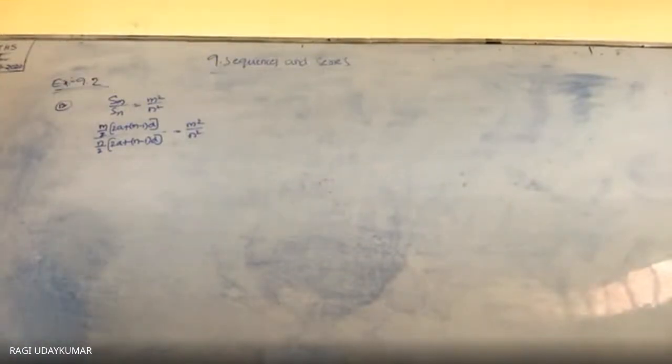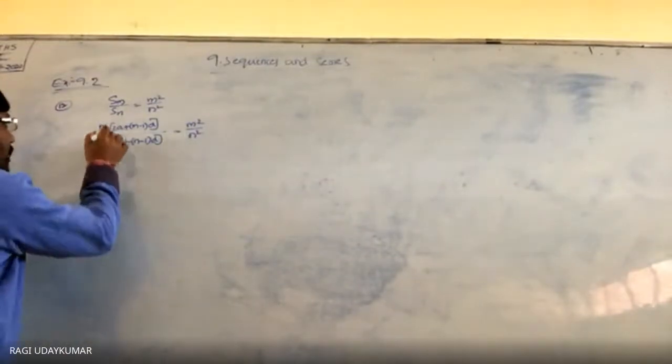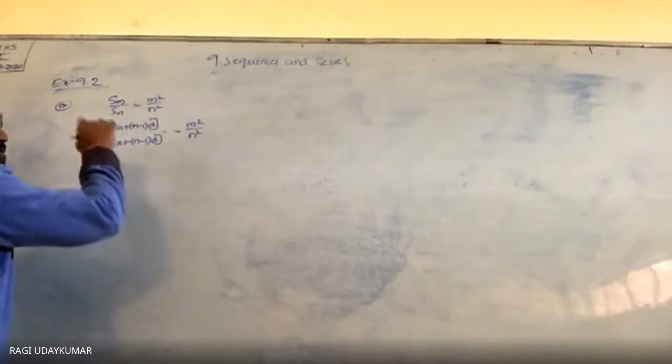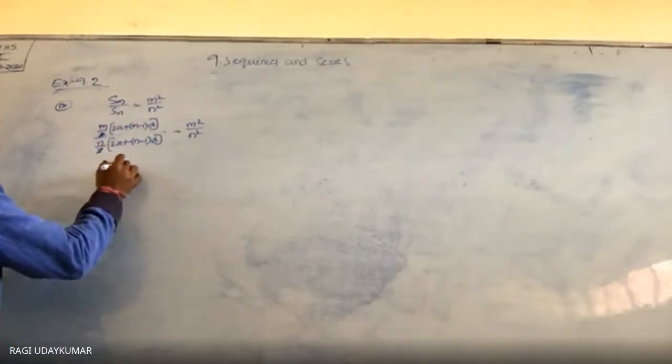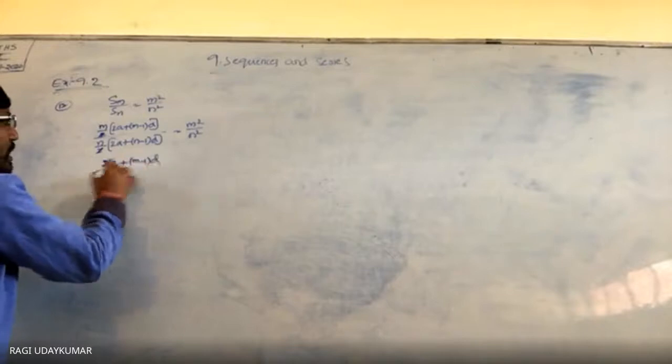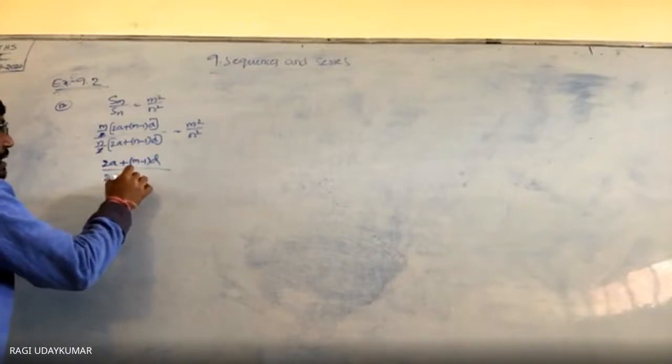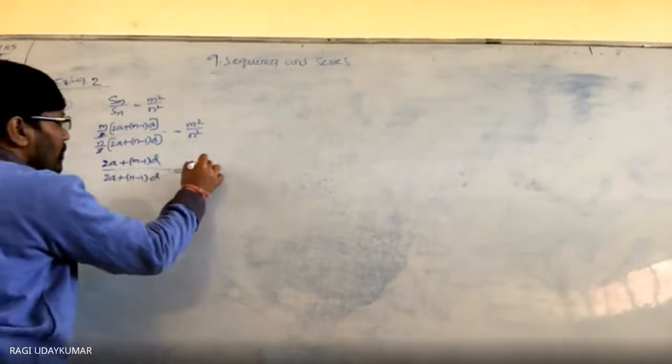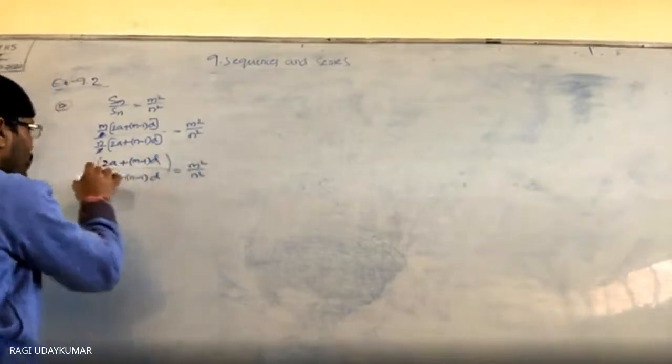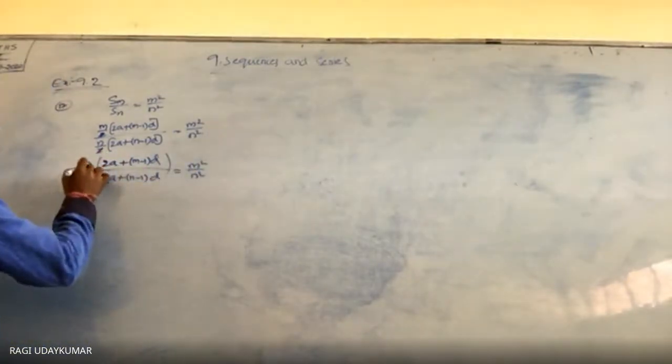Okay? Just like the previous problem, simplified, the 2 will get cancelled, n by m. So 2a plus m minus 1 into d by 2a plus n minus 1 into d is equal to m square by n square. Here you are going to get n by m.